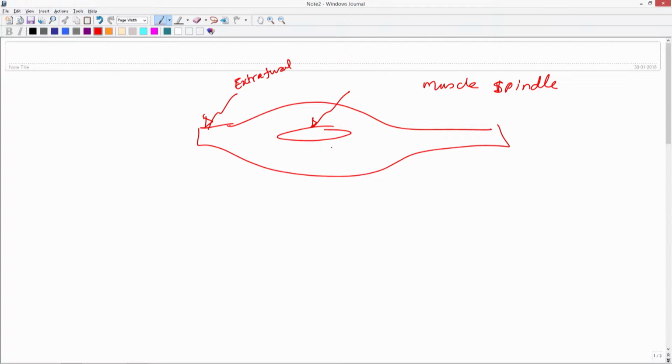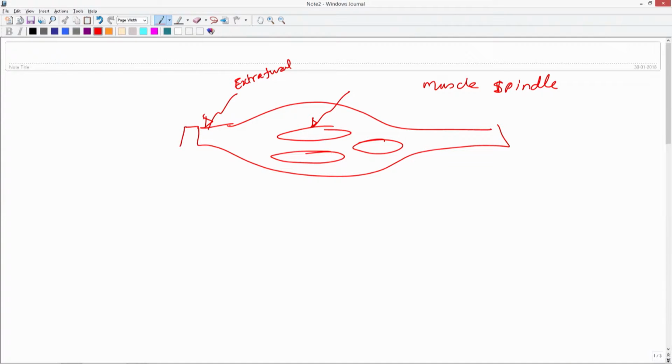So, there may be more than one spindle in the muscle. Here at the end this is the Golgi tendon organ, and this side also. Okay. You know the tendon is what connects the muscle to the bone. In between the bone and the muscle, this is the GTO which is connected. Okay. This is measuring the tension.